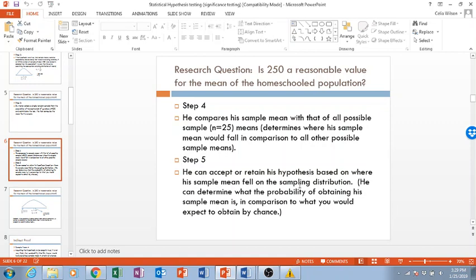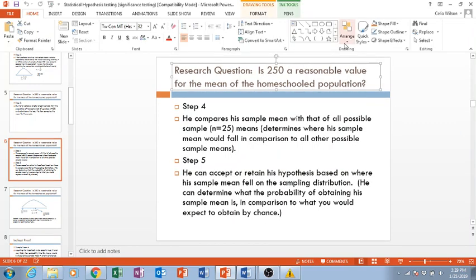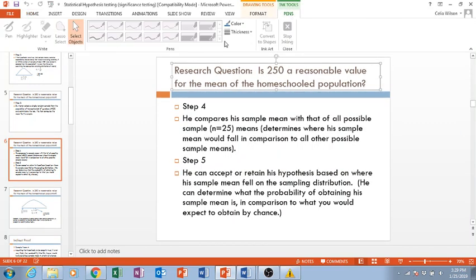Okay, so let me back up to this step. So remember, back when we did the coin flips, right? Remember that? Remember the coin flips.